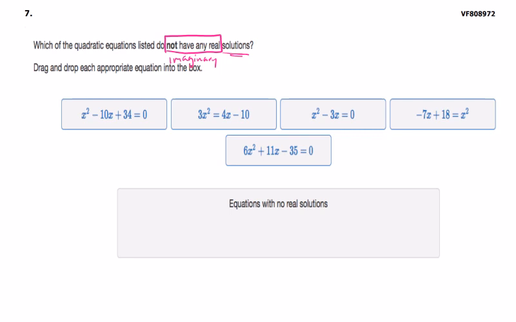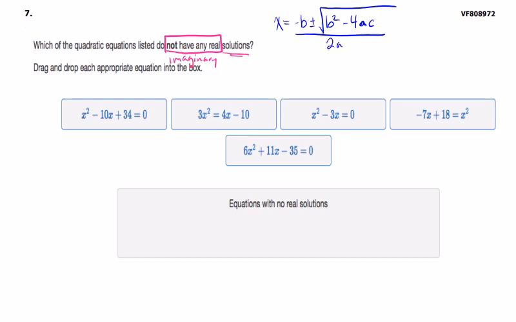The way we can tell if it's an imaginary solution is, if you remember the quadratic formula, it's equal to negative b plus or minus the square root of b squared minus 4ac, all over 2 times a, right?